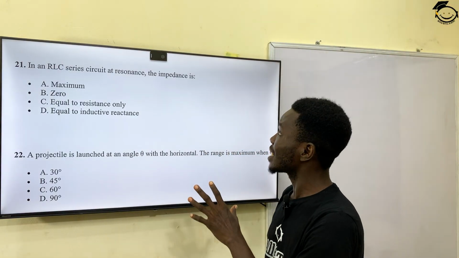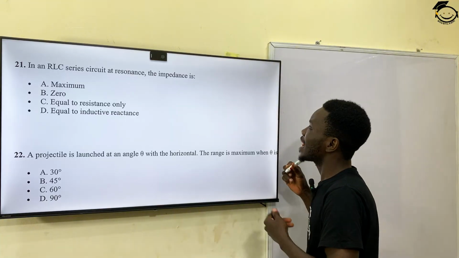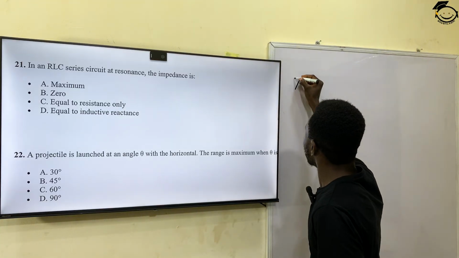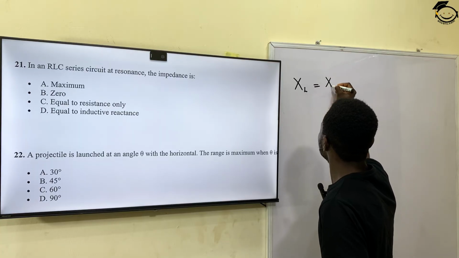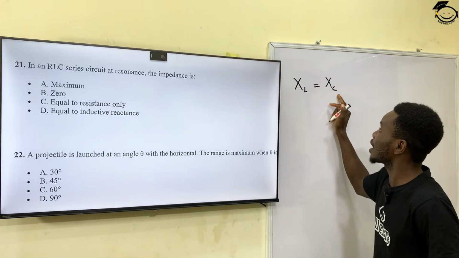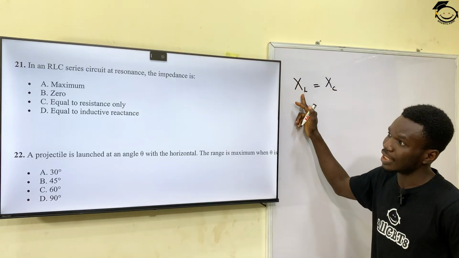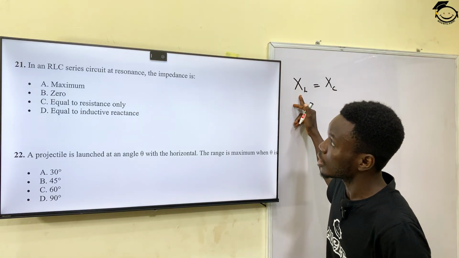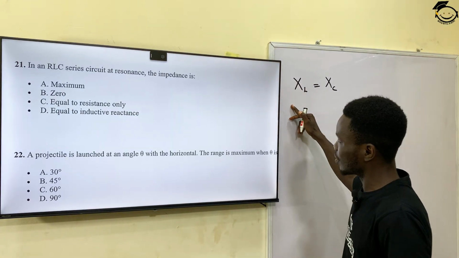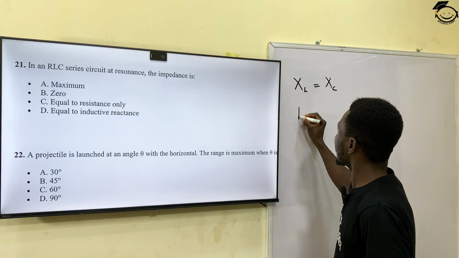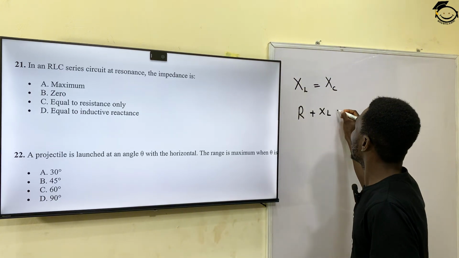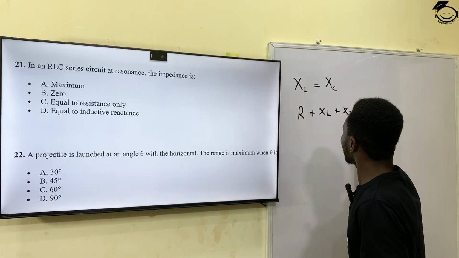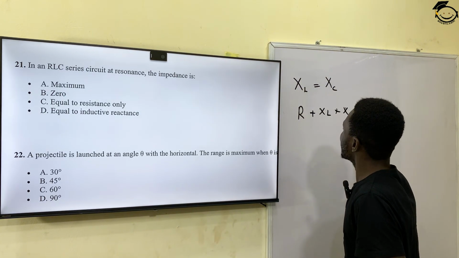When they are at resonance, it means that your capacitive reactance is equal to your inductive reactance. Ordinarily, I'm supposed to have your resistor plus your capacitive reactance plus your inductive reactance to form my total impedance.